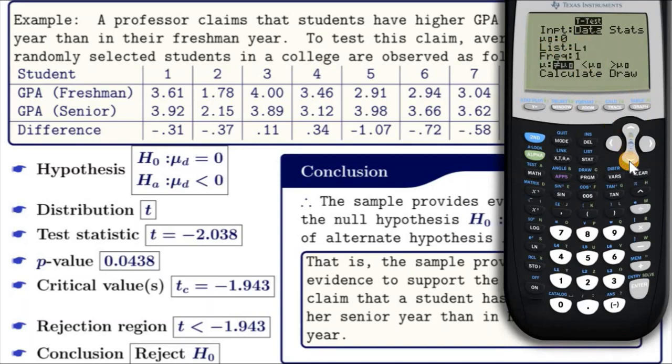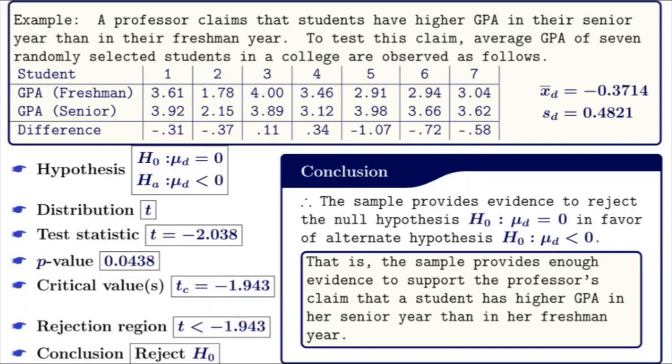Then come down here, select less than mu, since we have less than sign in alternate hypothesis, then hit enter. So come down here, then hit enter. Now, if you compare the values for test statistic and p, they are same as we got here earlier. So you can do this problem in a calculator also and get to the same conclusion.